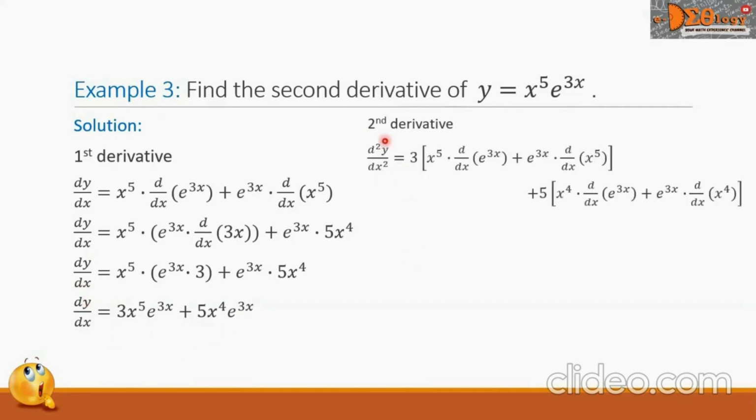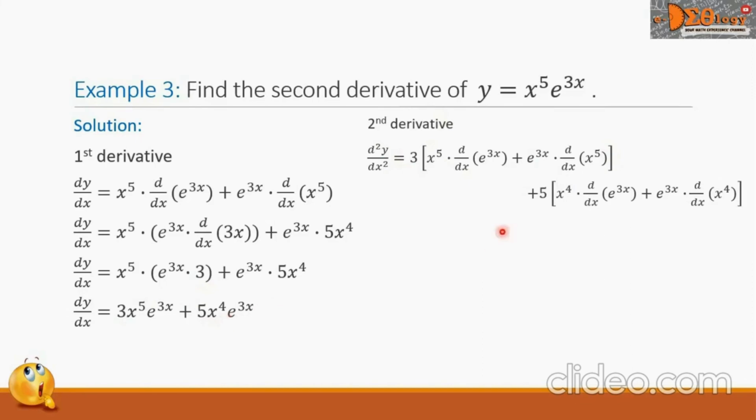So we'll have d square y all over dx square is equal to the constant 3 outside times the quantity x raised to 5 times derivative of e raised to 3x plus e raised to 3x times derivative of x raised to 5. So this is for the first group here, plus the derivative of this.